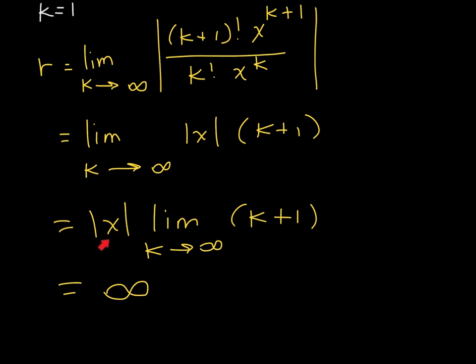If x is equal to 0, then this entire value is 0, which is less than 1. So therefore, this power series converges only when x is equal to 0.